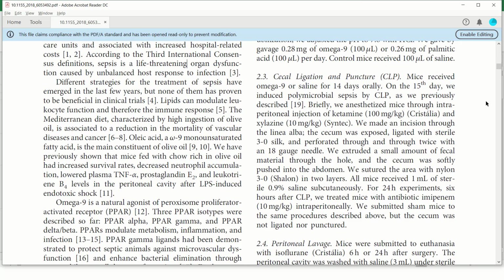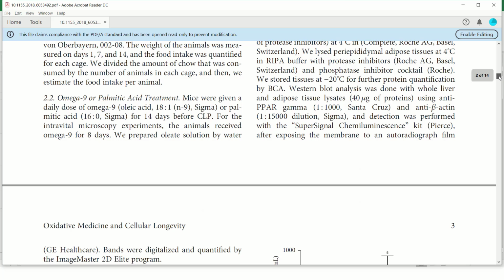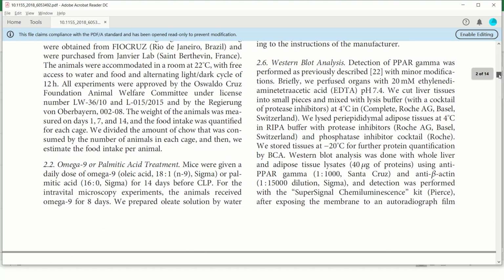That's coming out there. So first they gave a daily dose of omega 9 or palmitic acid for 14 days before they did the cecal ligation and puncture.